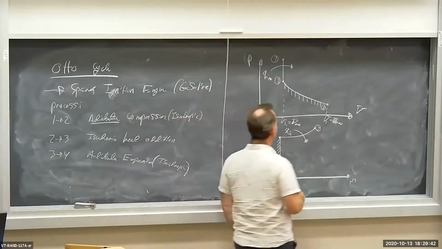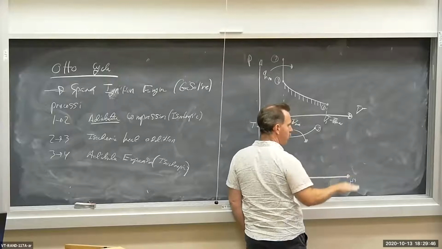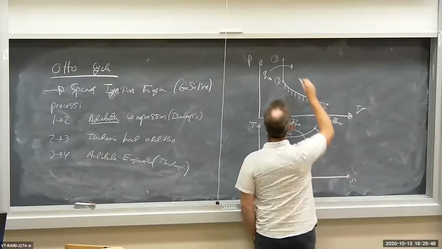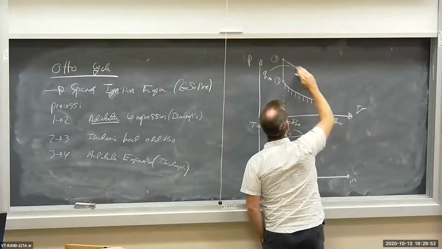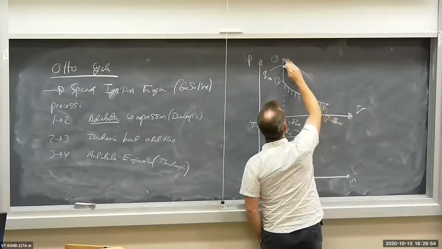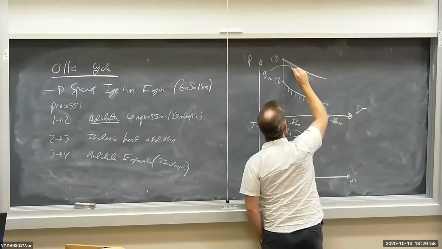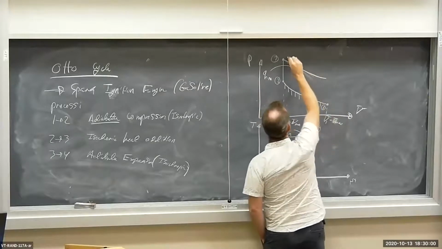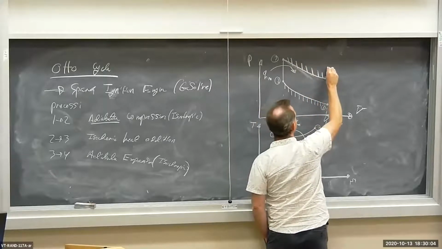Isentropic, so if it expands, temperature falls, pressure falls. So we have falling pressure, increasing volume, adiabatic, therefore isentropic to state 4.